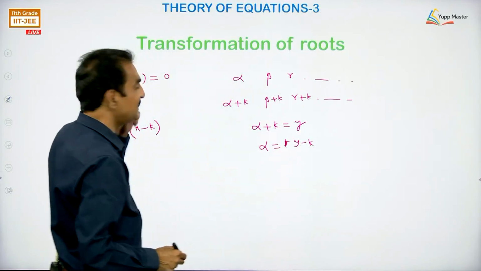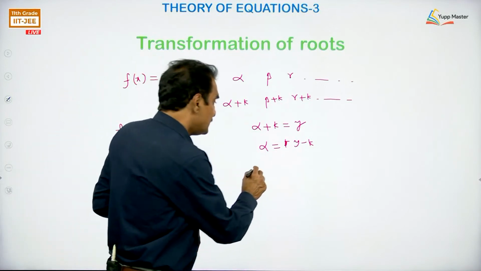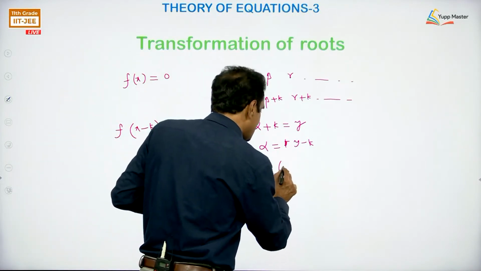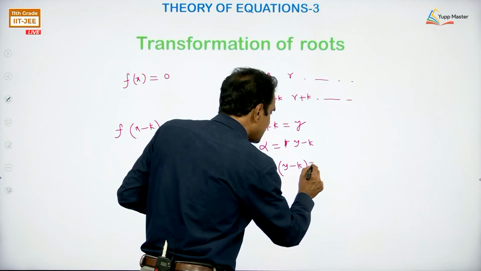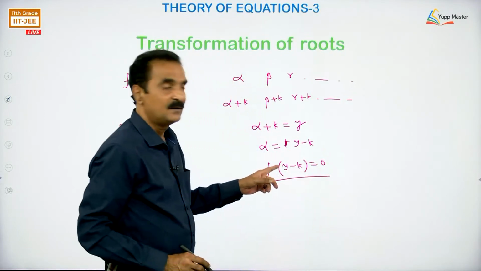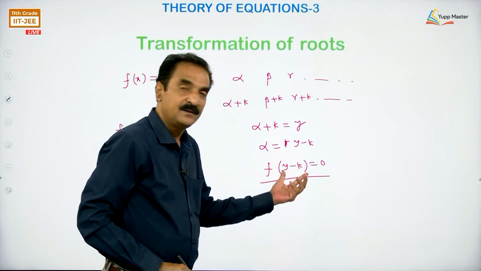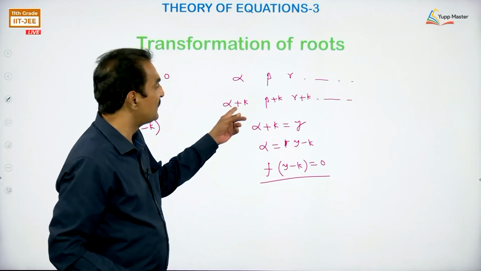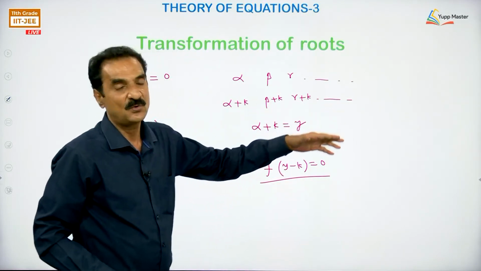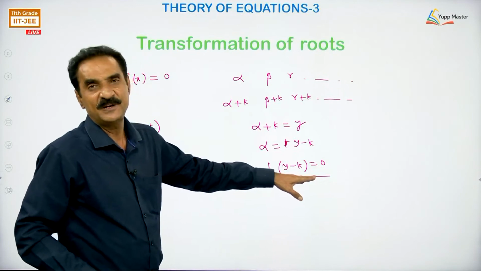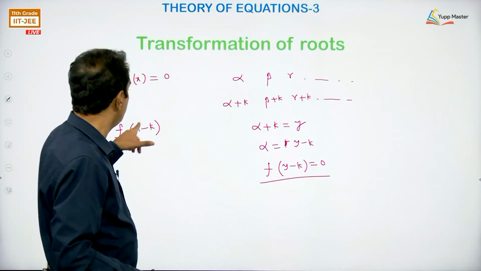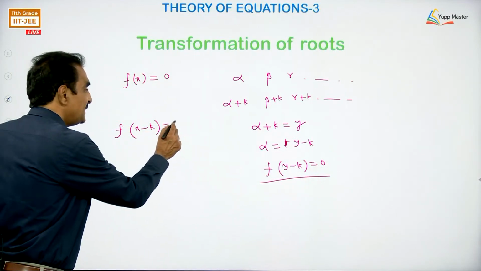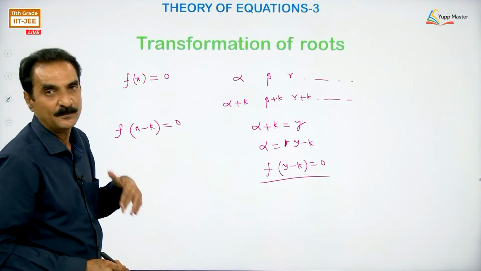Alpha satisfies this equation, that means replacing x by y minus k, f of y minus k will be 0, and this equation will have roots alpha plus k, beta plus k, gamma plus k and so on, but final answer should be written in terms of x. That is why the transformed equation will be f of x minus k is equal to 0.